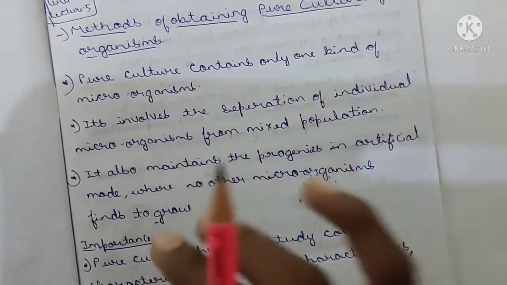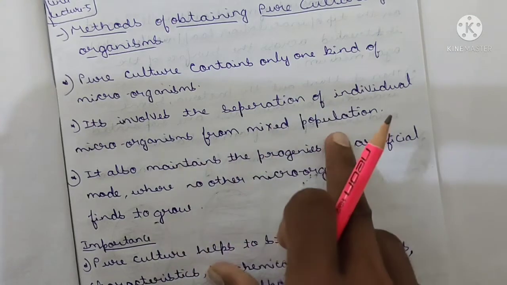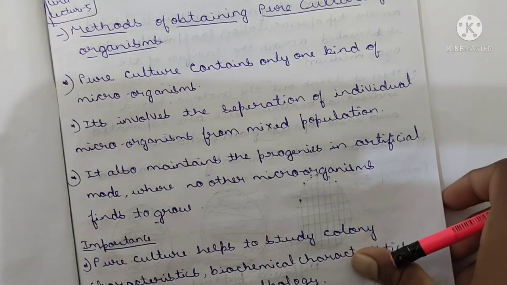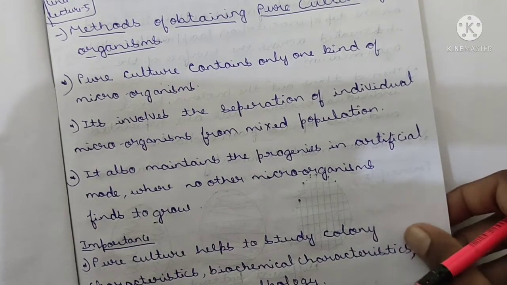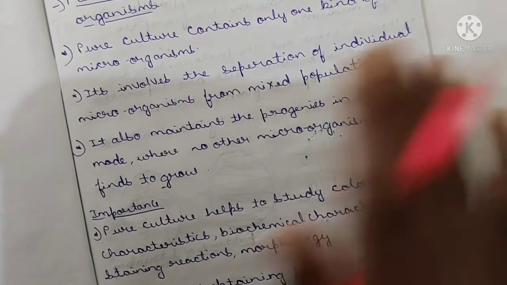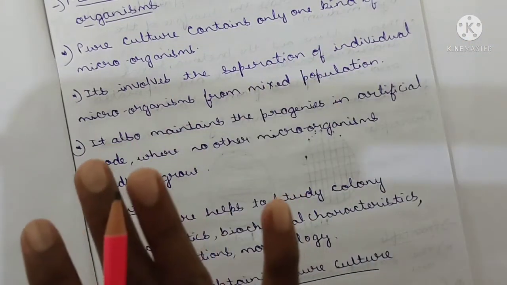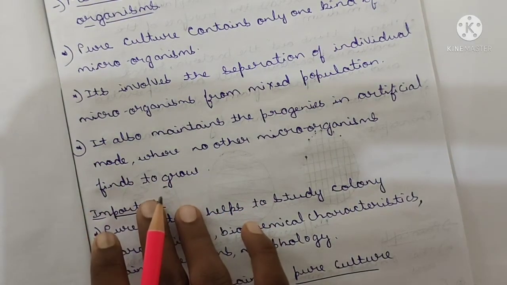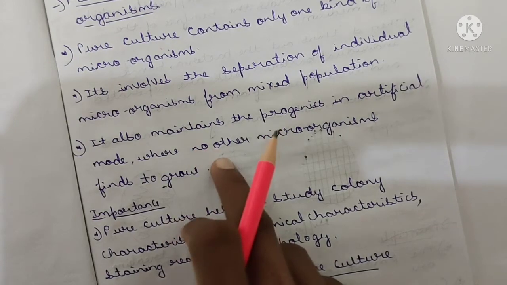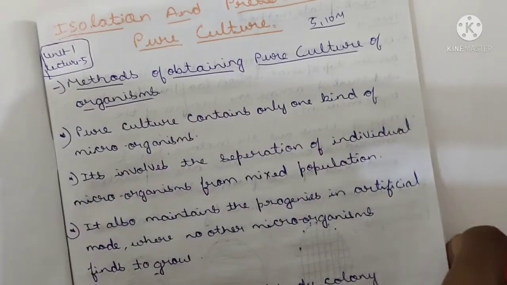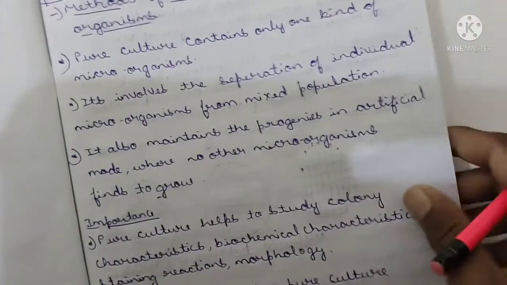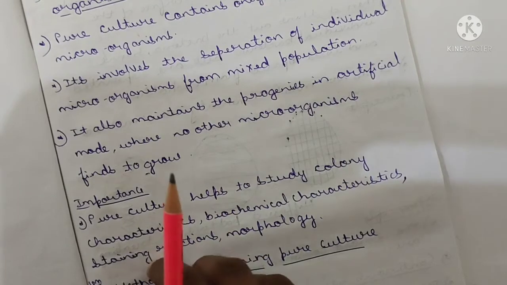This is known as the pure culture, and a characteristic of it is that it also maintains the progenies in an artificial mode where no other type of microorganism can grow. This is the important characteristic in pure culture isolation.